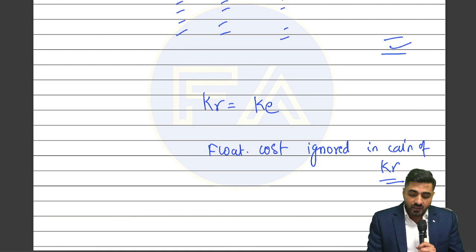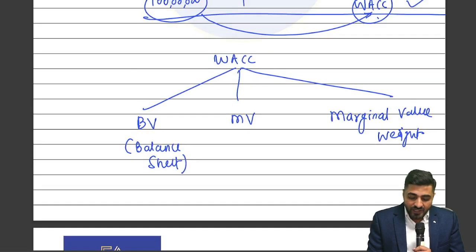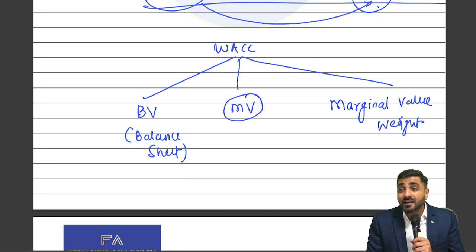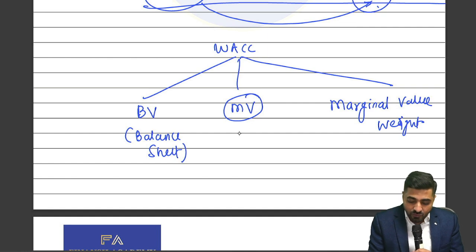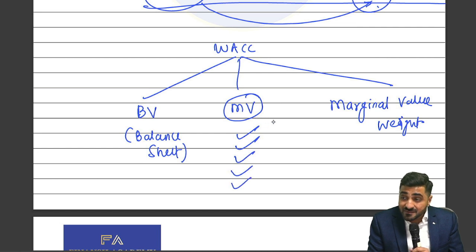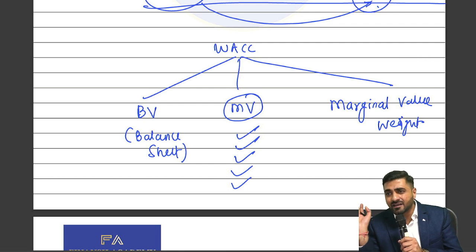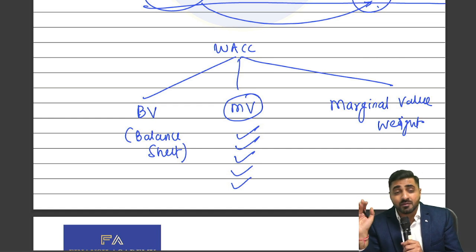Now, what is market value weight? When I talk about market value weight, I will have to take each and every source and write down its market value. Equity share market prices are readily available. Debt, if it is listed, will also have market prices. Preference shares, if listed, likewise. Will there be any market value for a long-term loan?